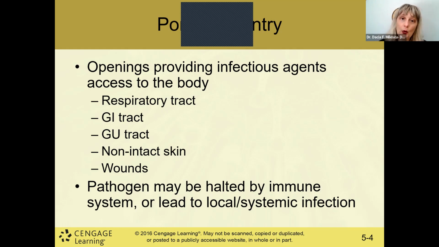So if you have an open wound, a cut, any of those are game for bacteria or other pathogens, viruses, as well as parasites to get in. So a pathogen is anything that is potentially going to cause disease, and a pathogen will be halted by our immune system, and it can stay local, but if it is poorly controlled, it can lead to a systemic infection.